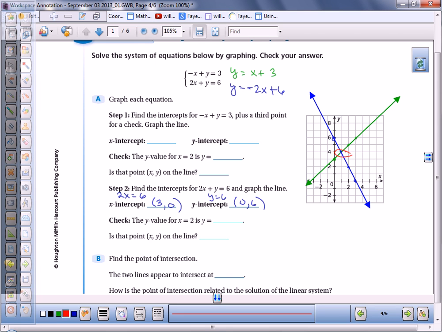The intersection point, 1, 4, is the solution to the system. That is not the point 4, 1, that's the point 1, 4. There we go. So that intersection is the solution to the system. Any questions? Pretty simple, huh?